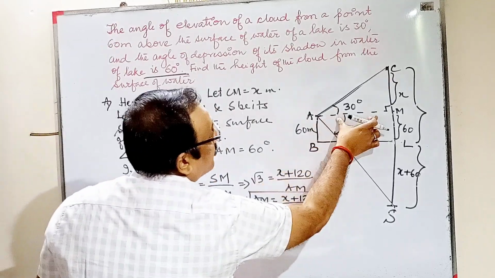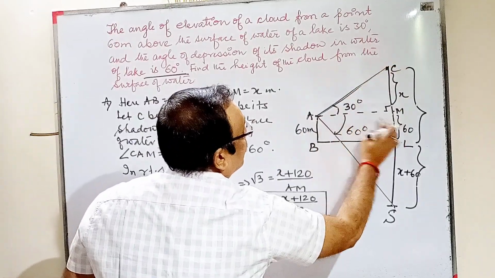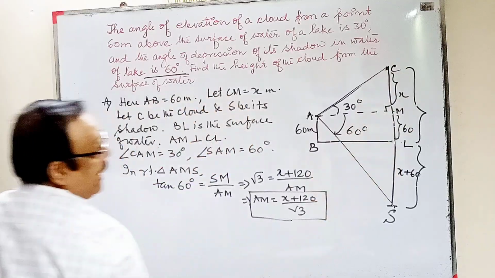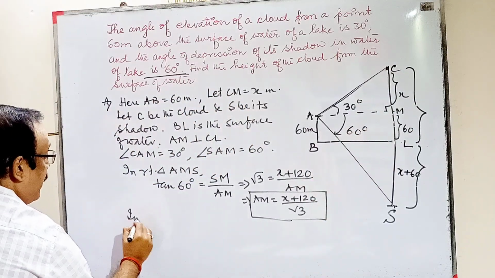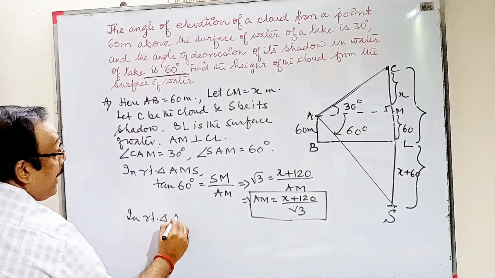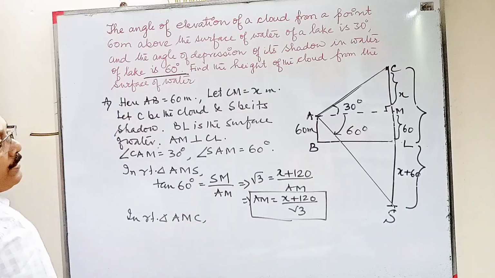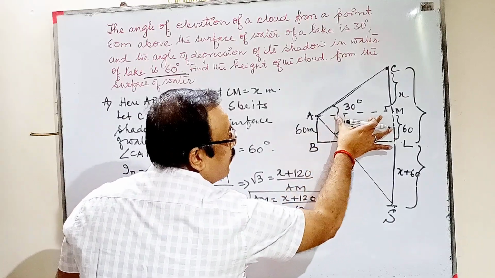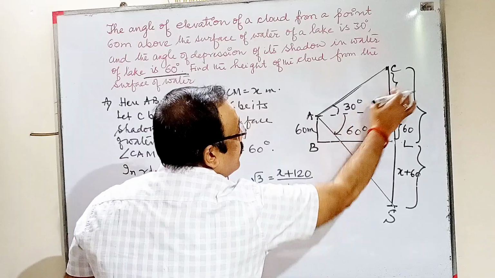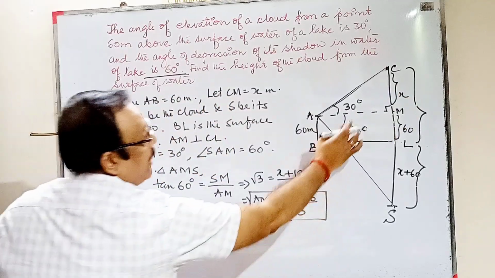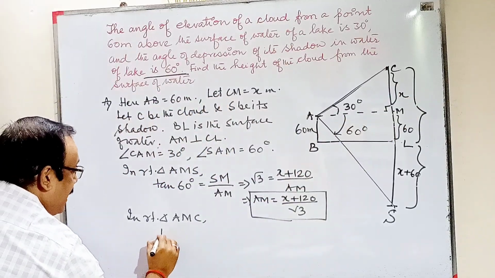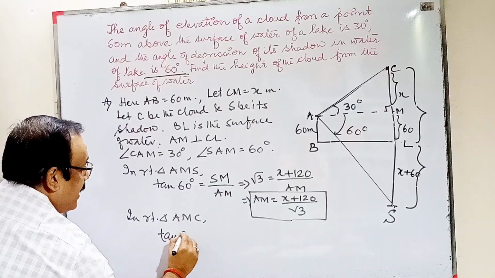Now I'll take this triangle, because then I'll get the value of x. In right triangle AMC, the base I know, and this is acting as the perpendicular. The relation connecting perpendicular and base is tan theta. Theta is 30 degree.